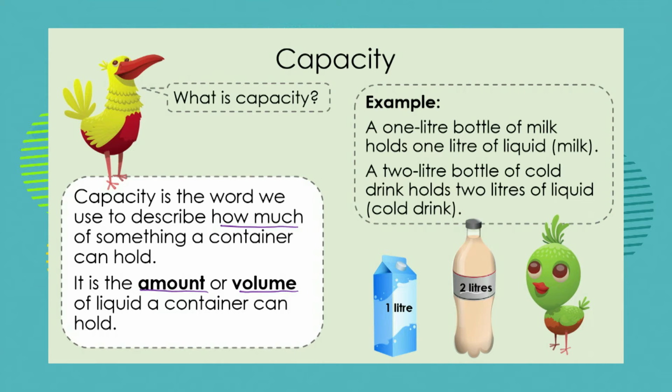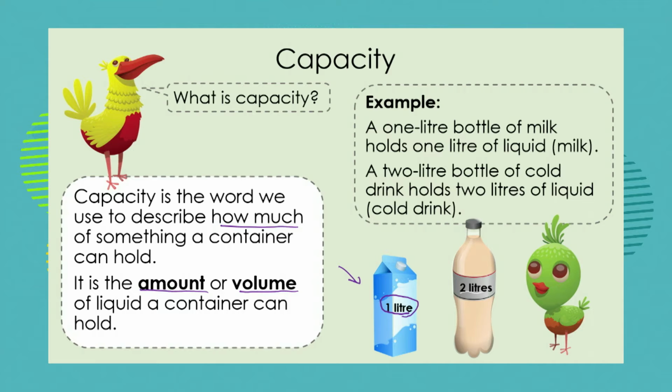Let's look at some everyday examples. A 1 liter bottle of milk holds 1 liter of liquid. So if we have a look over here, we can see that this is our 1 liter bottle of milk, and we know that only 1 liter of liquid can fit inside of there.